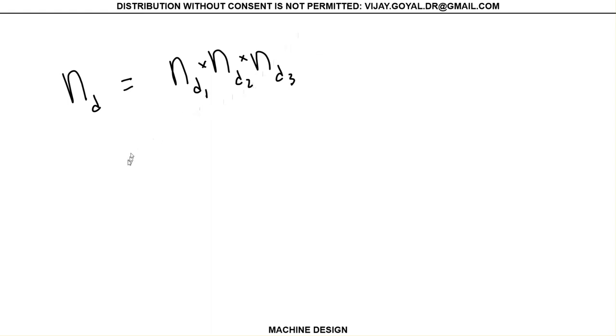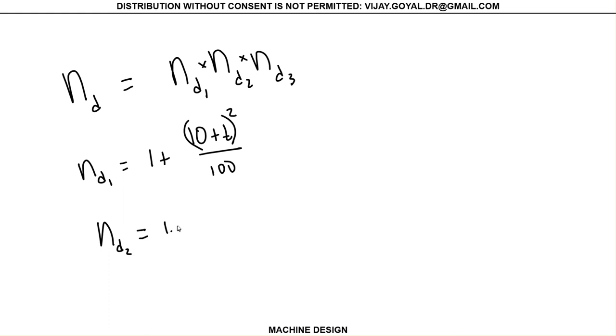For instance, you did your calculation using an equation where your design factor 1 can be 1 plus 10 plus t over 100, t squared. Then maybe the problem says you need to add an additional factor of 1.1. And if it's a dynamic problem, add on top of that another factor of 1.3.